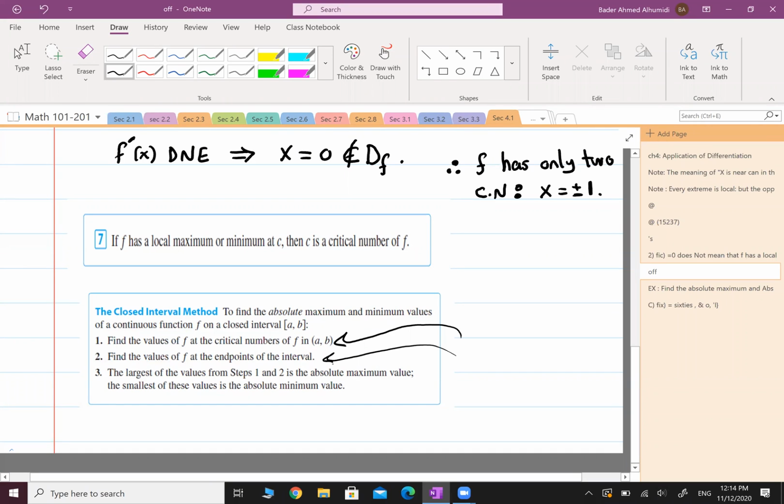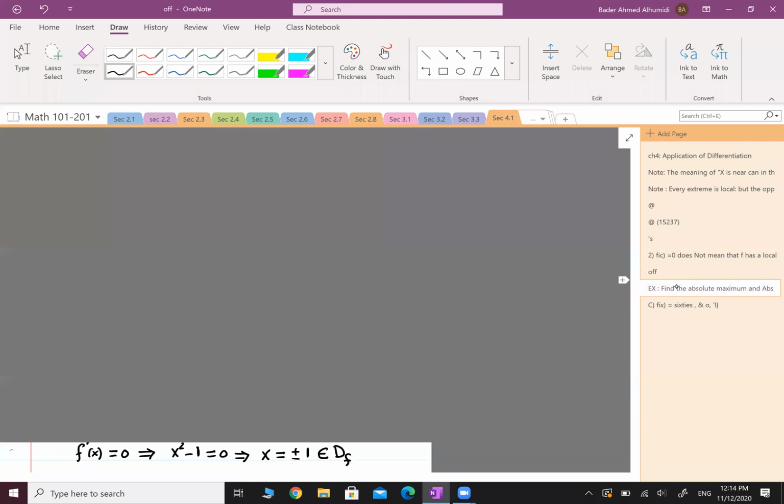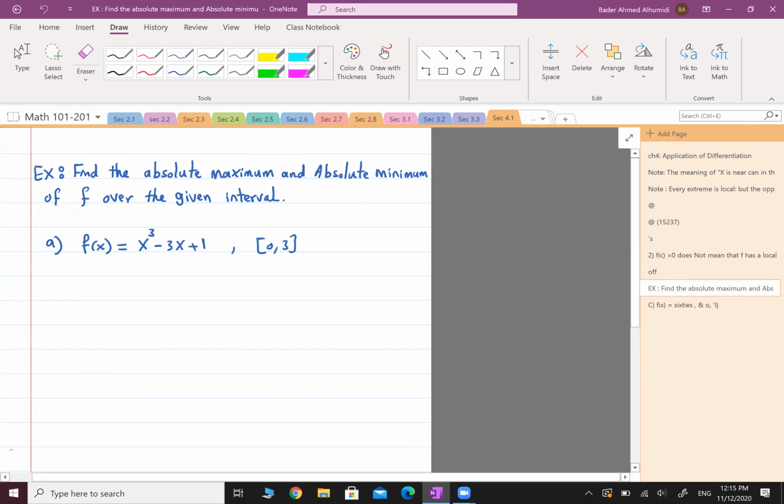The last step: you check, the largest value among these will be called the absolute maximum, and the smallest value among these values will be called what? Absolute minimum. Very easy steps. Find the critical numbers, evaluate at the endpoints, and see what is the highest number, it will be called absolute maximum. What is the smallest number, it will be called absolute minimum.